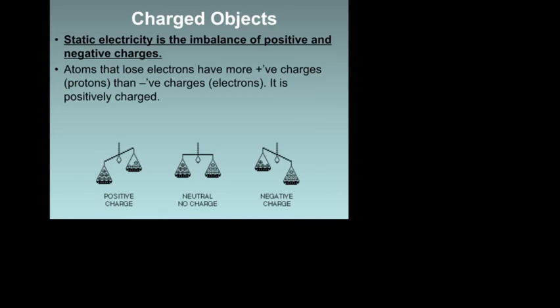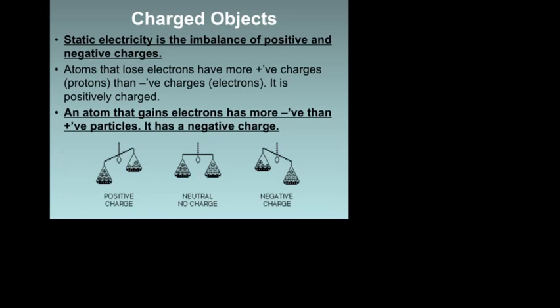Atoms that lose electrons end up having more positive protons than they have negative electrons. So that imbalance gives them a positive charge. If an atom gains electrons, then it ends up having more negatives than positives, and it ends up having an overall negative charge.